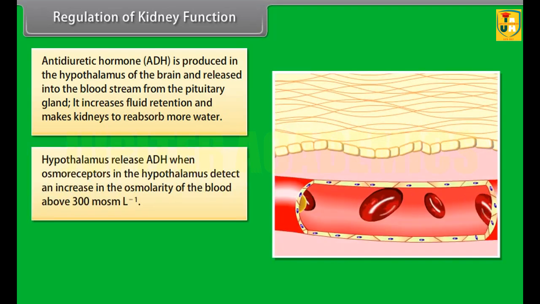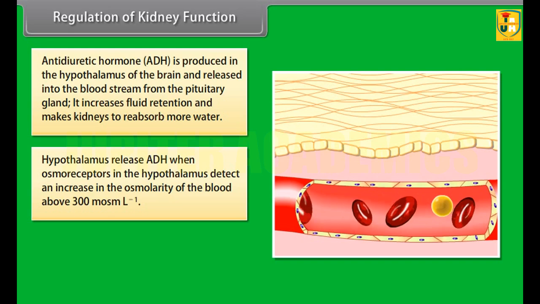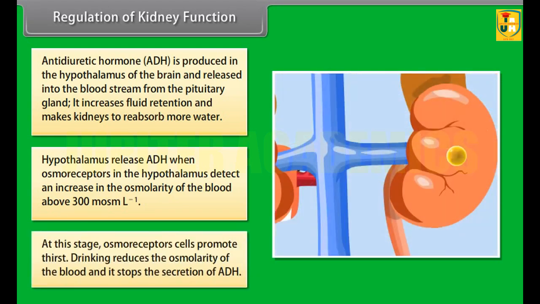The hypothalamus releases ADH when osmoreceptors in the hypothalamus detect an increase in the osmolarity of the blood above 300 milliosmoles per liter. At this stage, osmoreceptor cells promote thirst. Drinking reduces the osmolarity of the blood and stops the secretion of ADH.